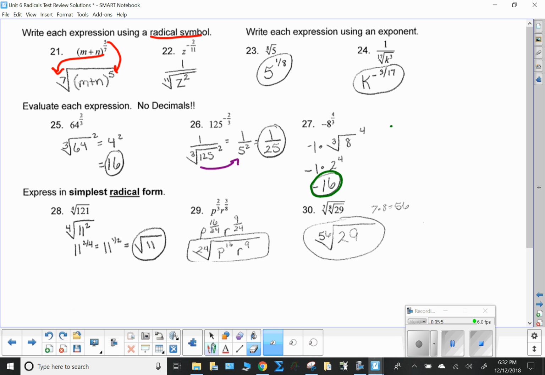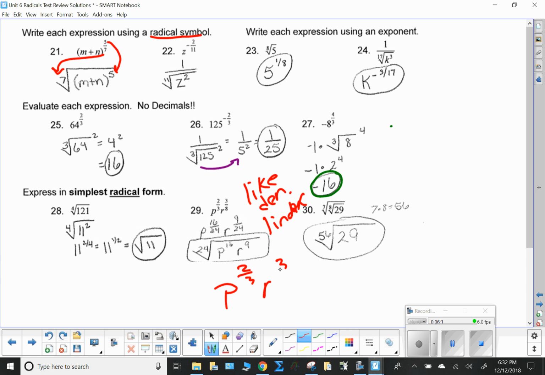Simplest radical form, and you've got exponents, you need like denominators. Why like denominators? Because you need one index. So if I have p to the 2/3, r to the 3/8, the like denominator between 3 and 8 is 24. So I'm going to multiply this by 3 over 3 and this by 8 over 8.